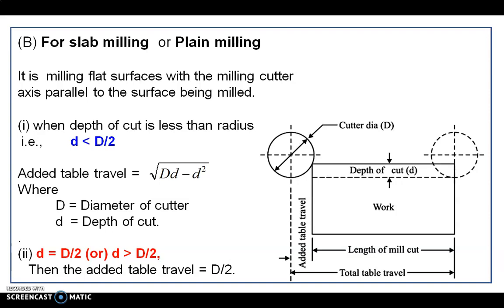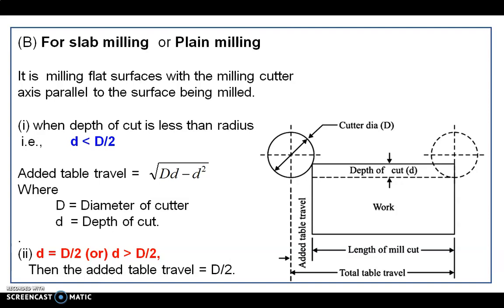Type 2 is slab milling or plain milling. It is milling flat surfaces with the milling cutter axis parallel to the surface being milled. Here also we have three cases.